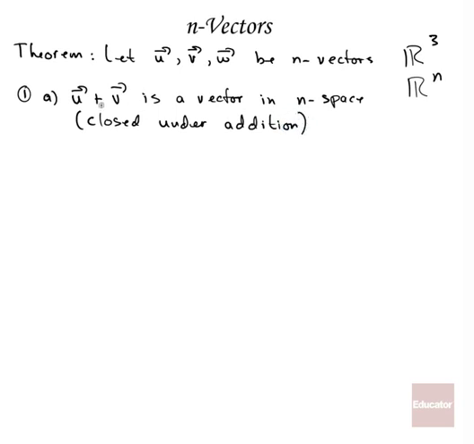So we talk about the property of closure, or we also say that this operation of addition of vectors is closed under addition. And here's what that means. Again, you might think that this is perfectly natural. Why would it be anything else? For example, if I take the numbers 5 and 6, and if I add them together, I get 11, which is just another number. In other words, I still end up with a number.